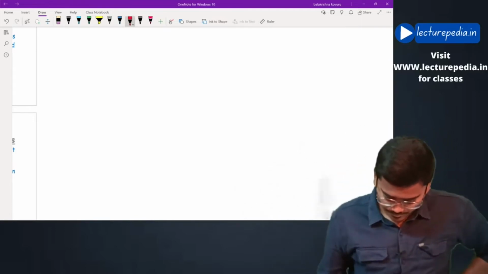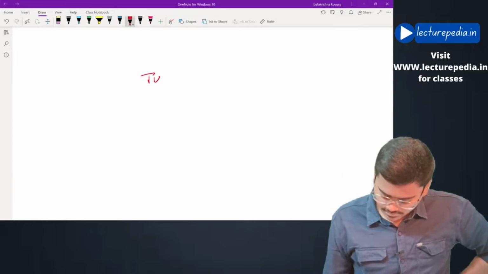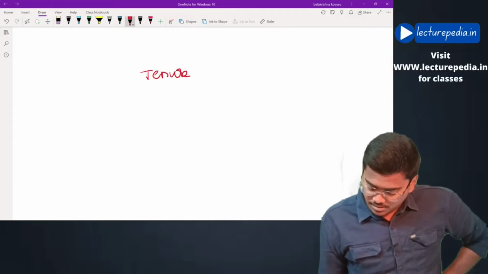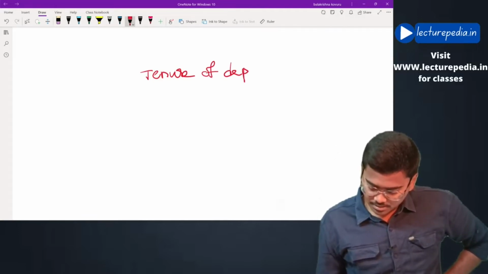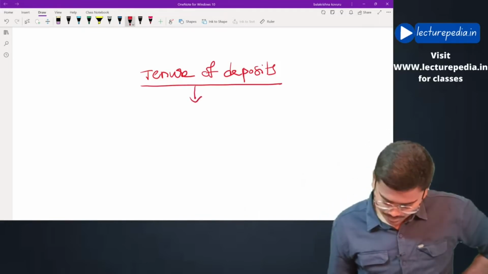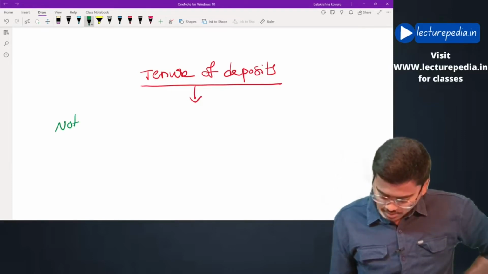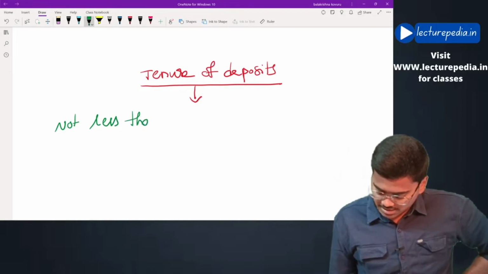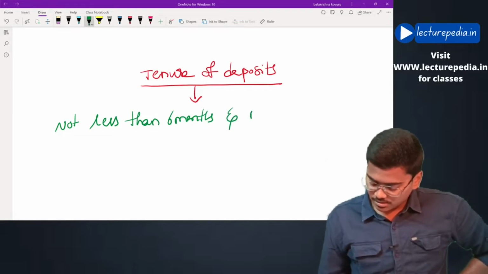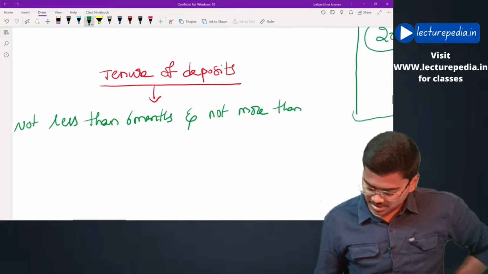The tenure of deposits should be not less than 6 months and not more than 36 months.